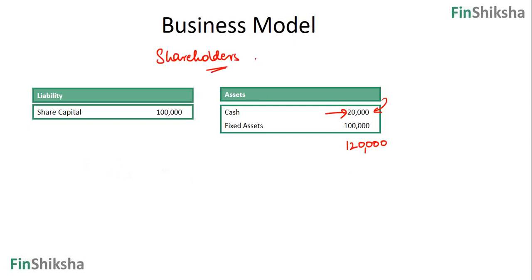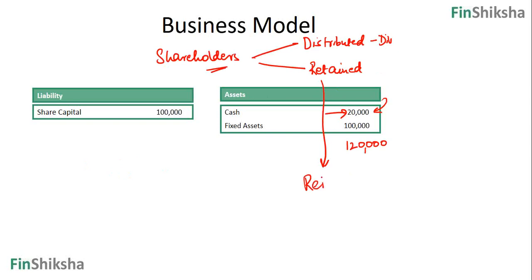So either it could be distributed in the form of something called dividends, or it could be retained so that it basically gets reinvested into the business. If it is getting reinvested into the business, remember, whose money is this?